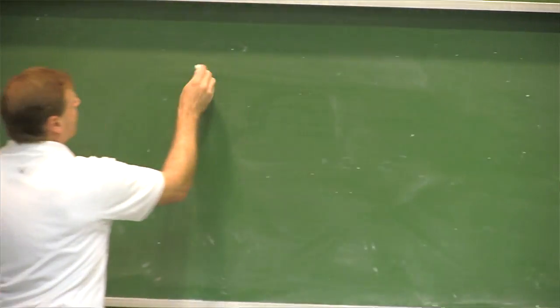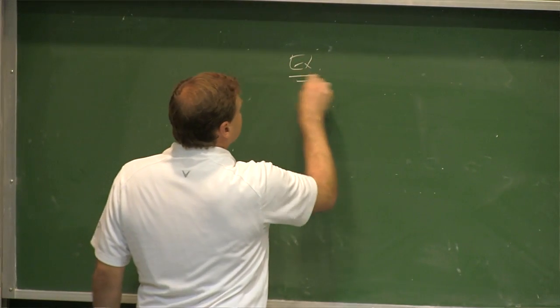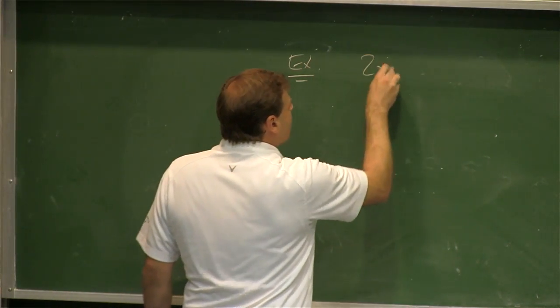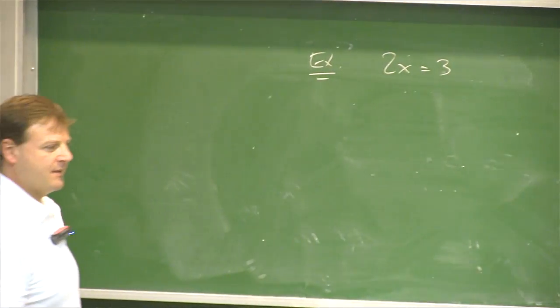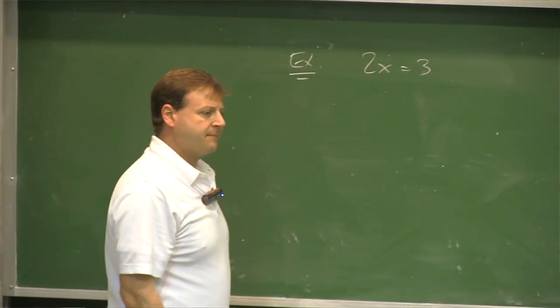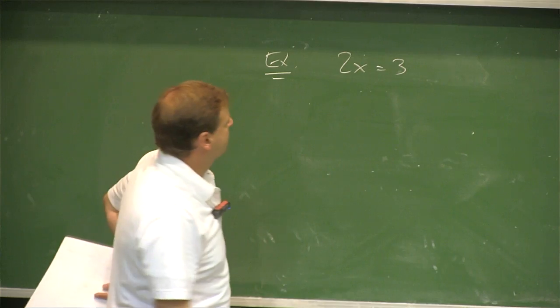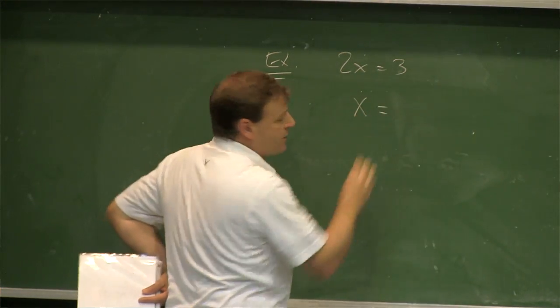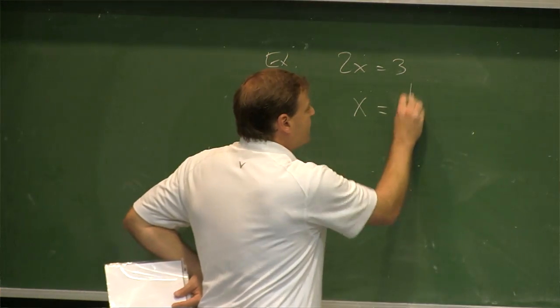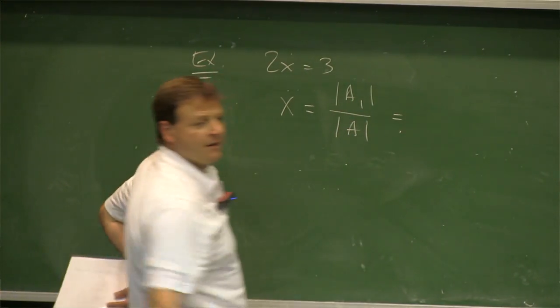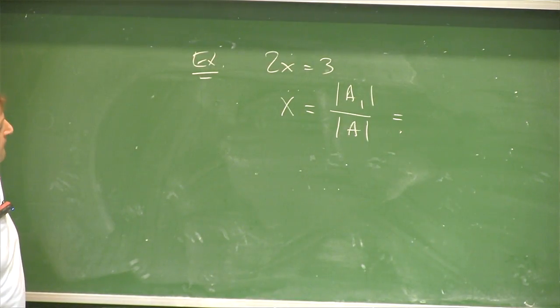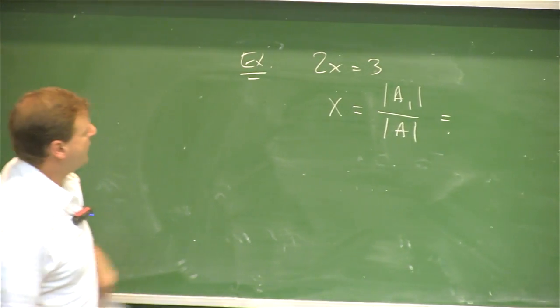Let's start with, how about 2x equals 3? That's a system of equations. So x, that's the only variable, so that should be equal to the determinant of A1 over the determinant of A. Well, okay, what's A?